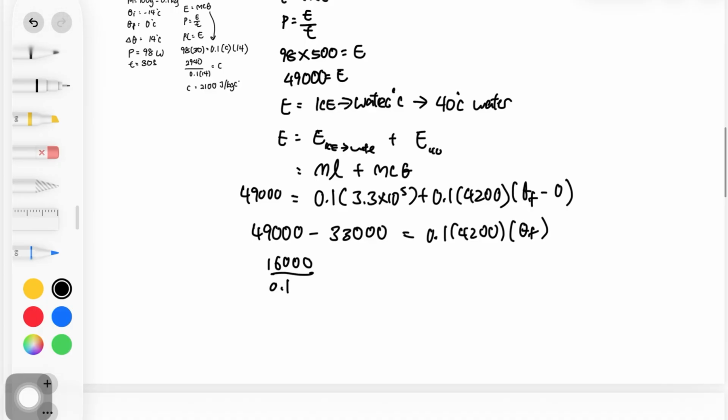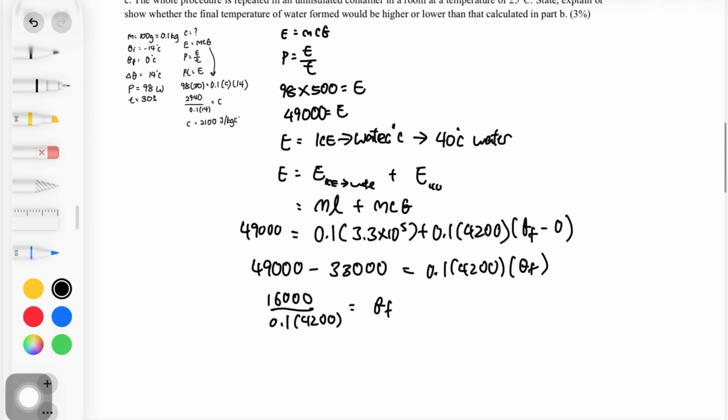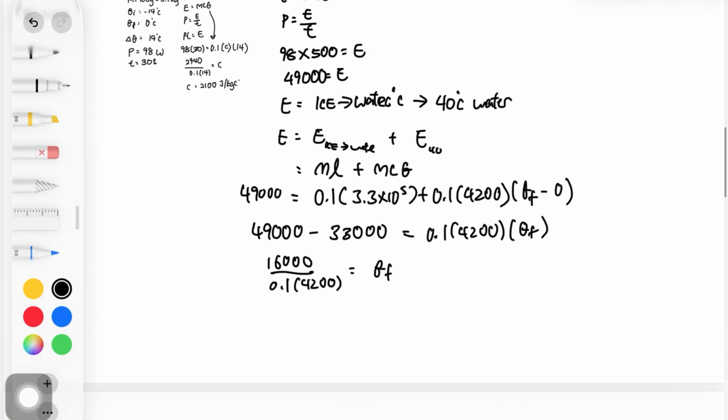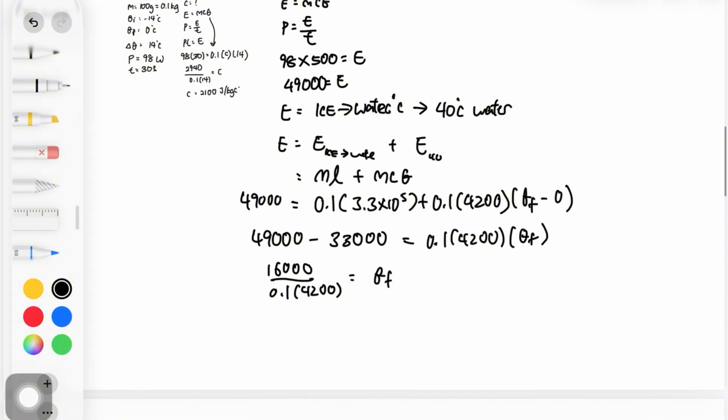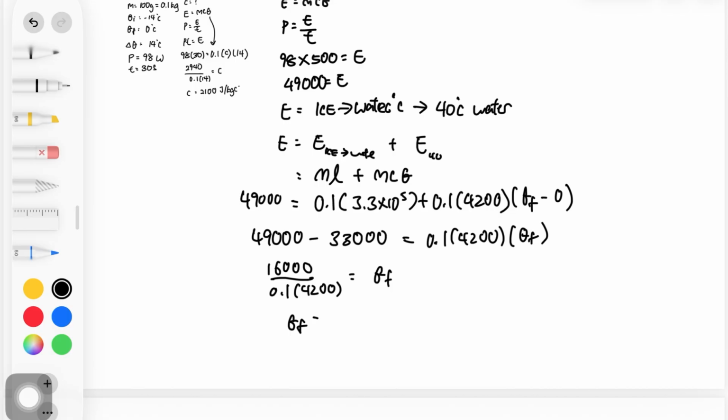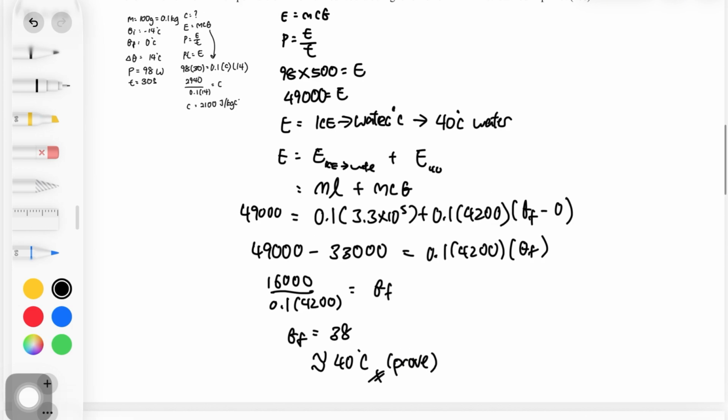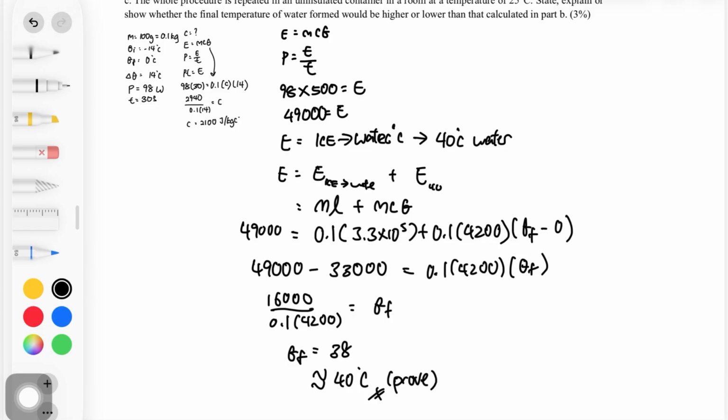Divide that by 0.1 and 4200, and this is the final temperature. Let us do it. Divided by 0.1 and divided by 4200, we get around 38 degrees, which is similar to 40 degrees. So this is how we prove it. There's a two-step process: from ice to water, and from 0 degrees Celsius to 40 degrees Celsius of water. So this proves the second part.